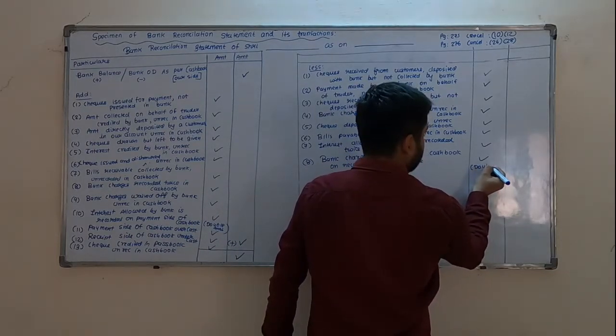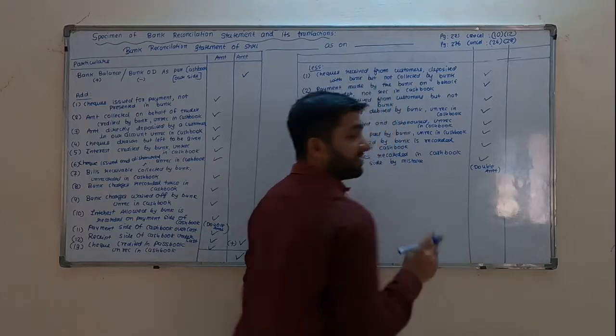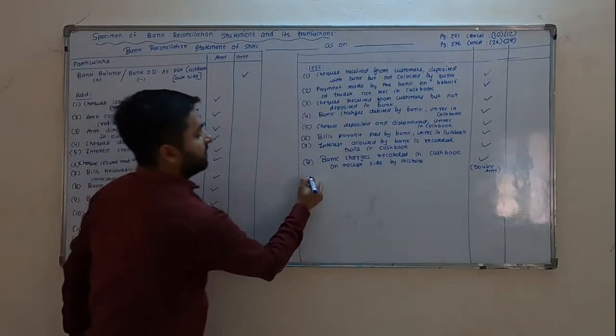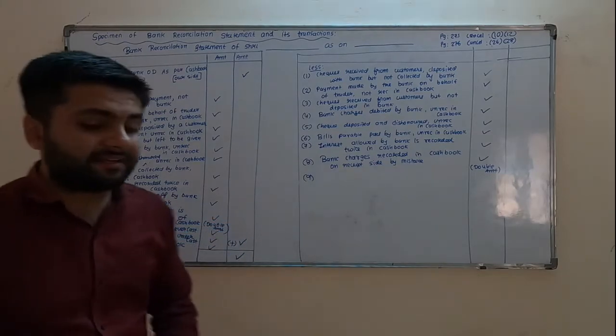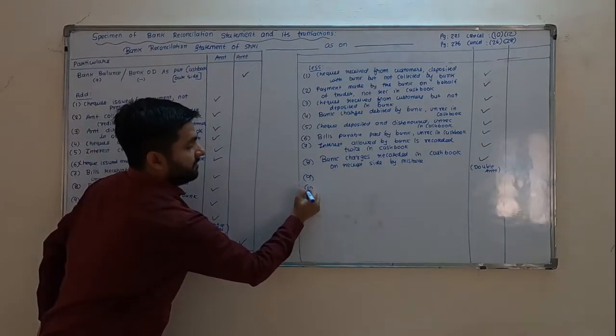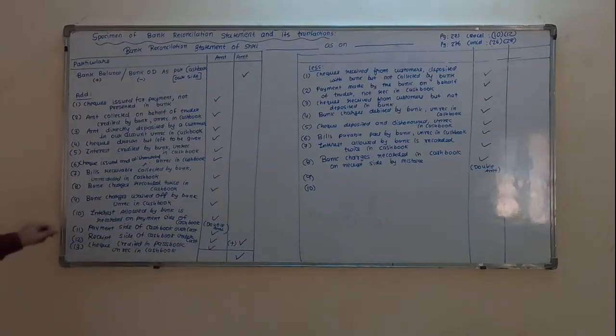Double. So friends, always remember when the side is wrong, the amount will be double. Next, number 9. Okay, now number 9 and 10 will be same and opposite.